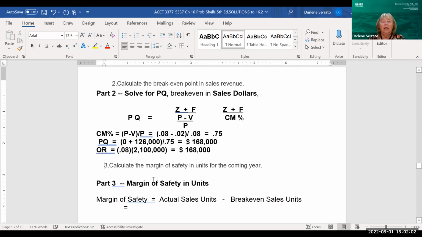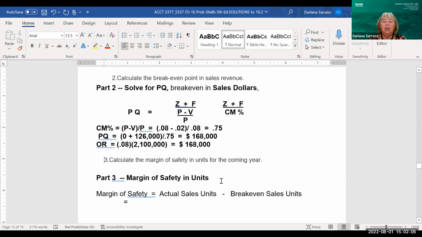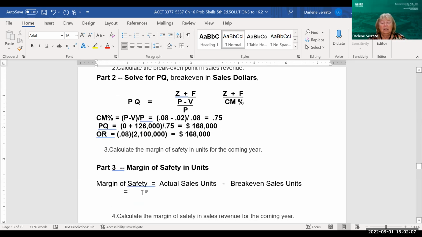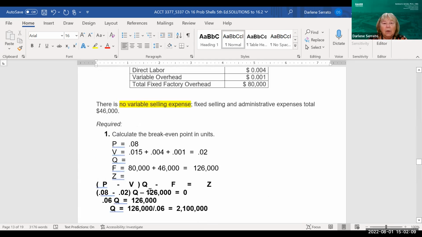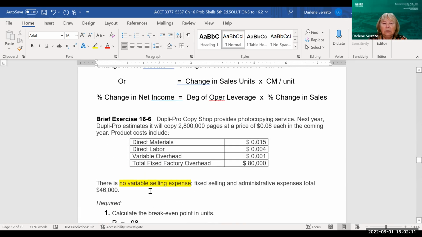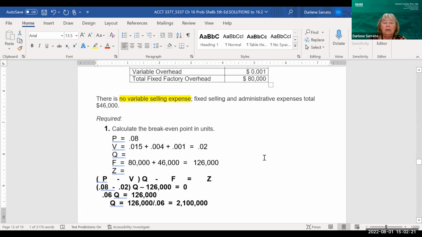Then calculate the margin of safety in units. So actual sales, 2,800,000. That's the actual or budgeted.